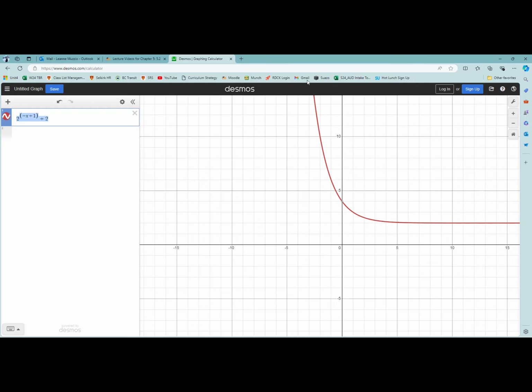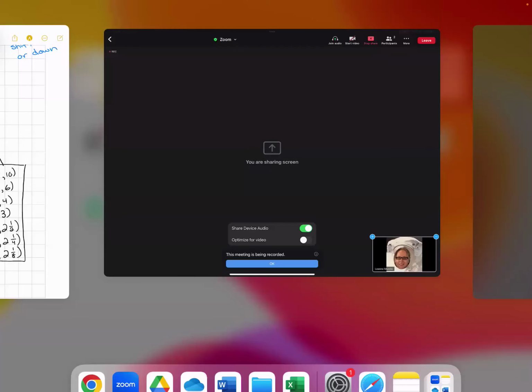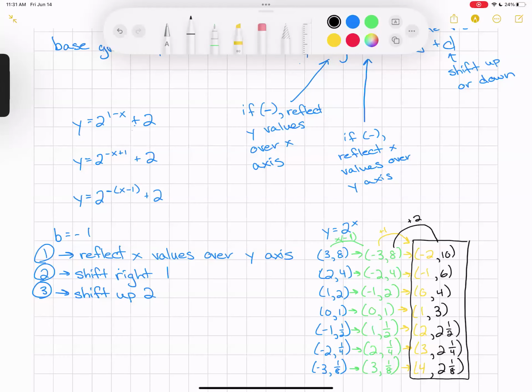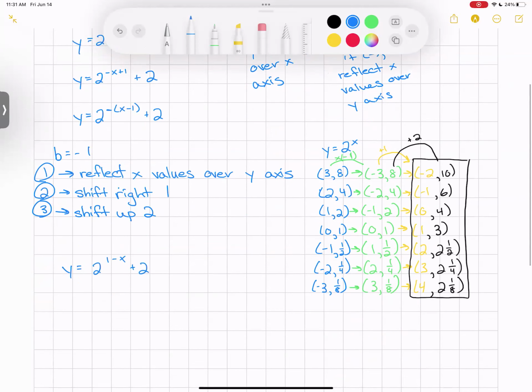Now, there is another way to do this too. And so if you're interested, stay on and I'll show you that way as well. So the way your textbook does this one is, let me copy it down again. So we had y equals 2 to the 1 minus x plus 2.